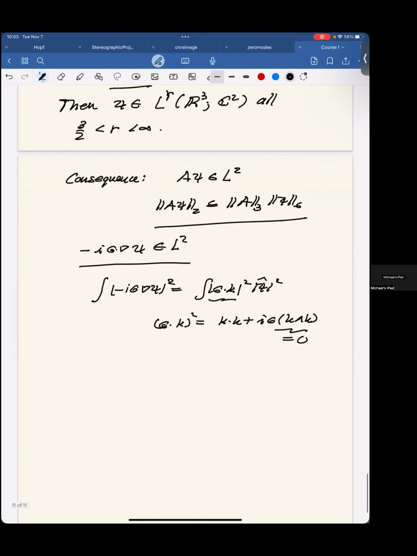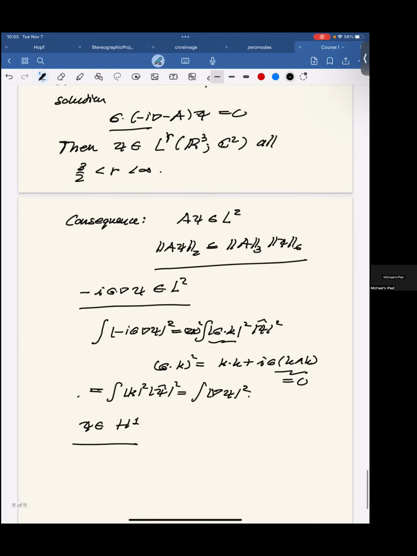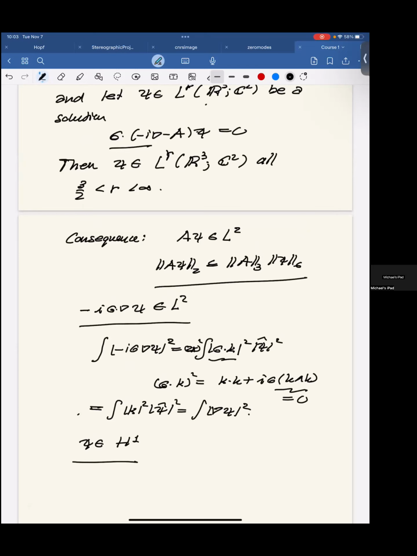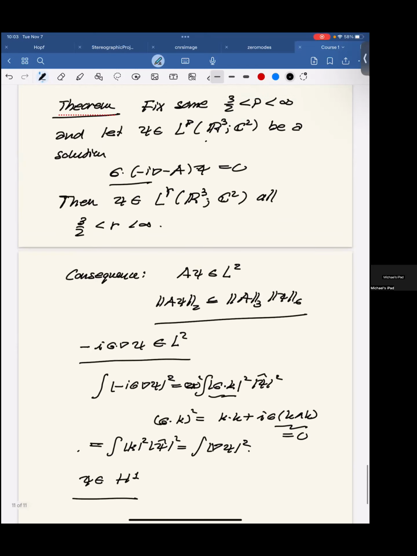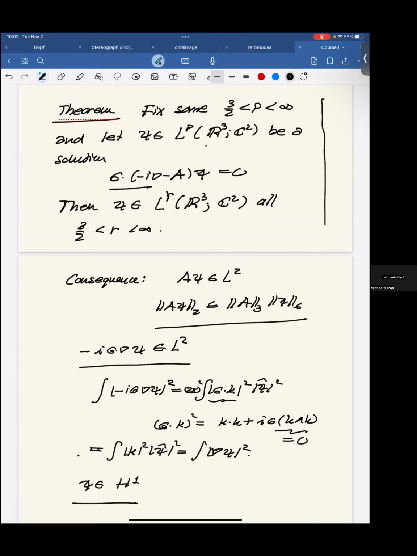So you learn that this thing is nothing but the integral of modulus of k squared times psi hat squared. I think I forgot a bunch of 2 pi's here. Depends how you define the Fourier transform. Okay? So you learn right away that psi is in H1. So this is this theorem, which will be very useful in what follows.